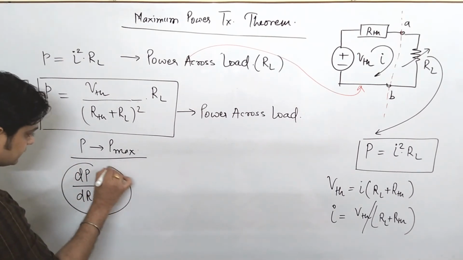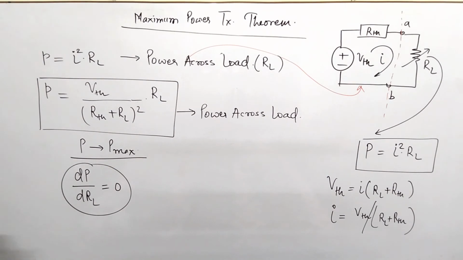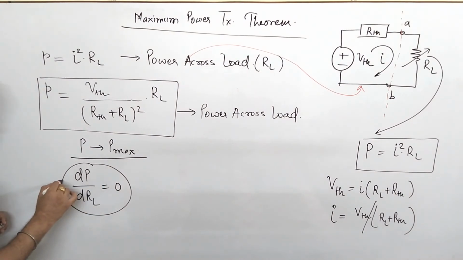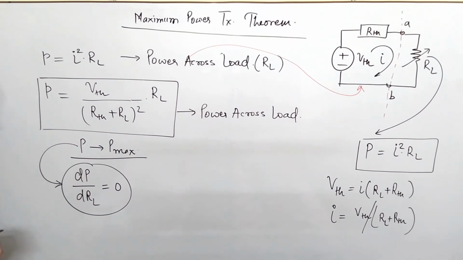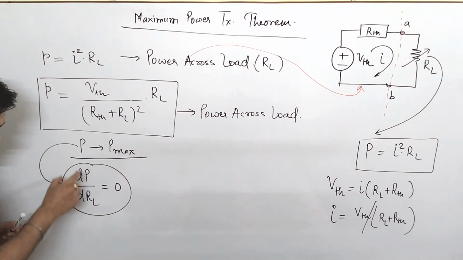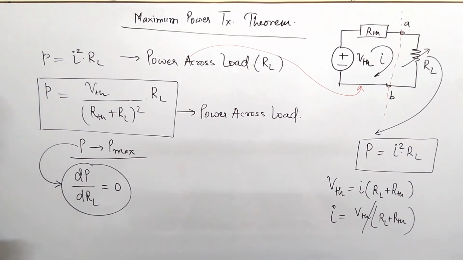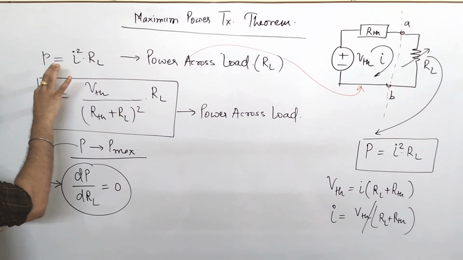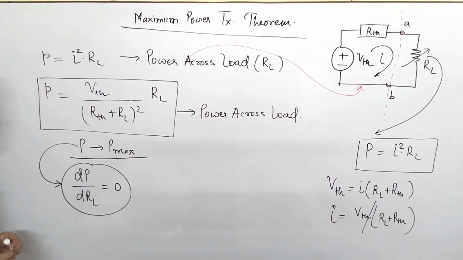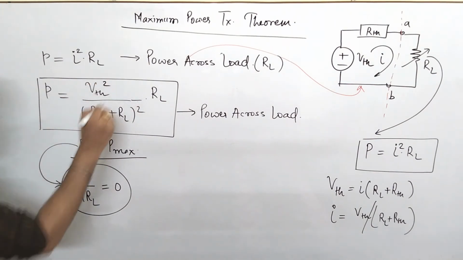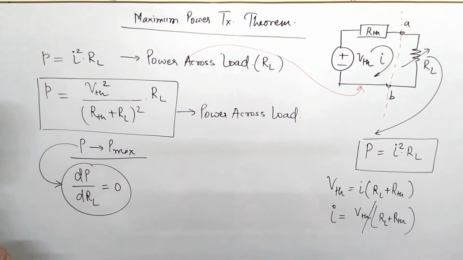This is the condition at which you can find the maximum power in the network. So now you have to find the value of dP by dRL. It means you have to differentiate this entire value and find dP upon dRL.